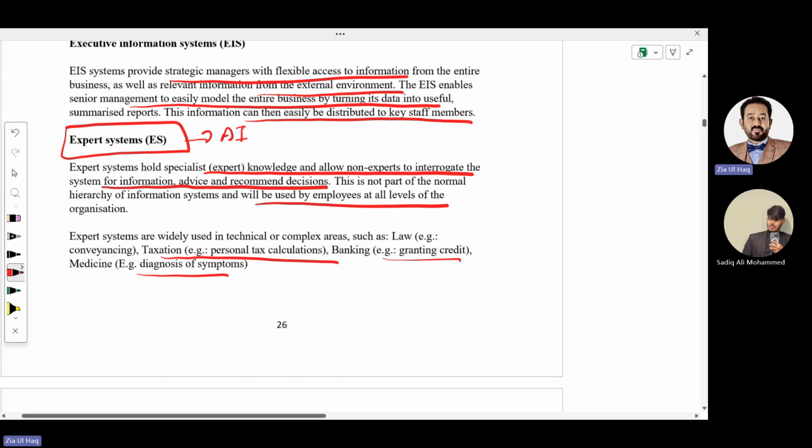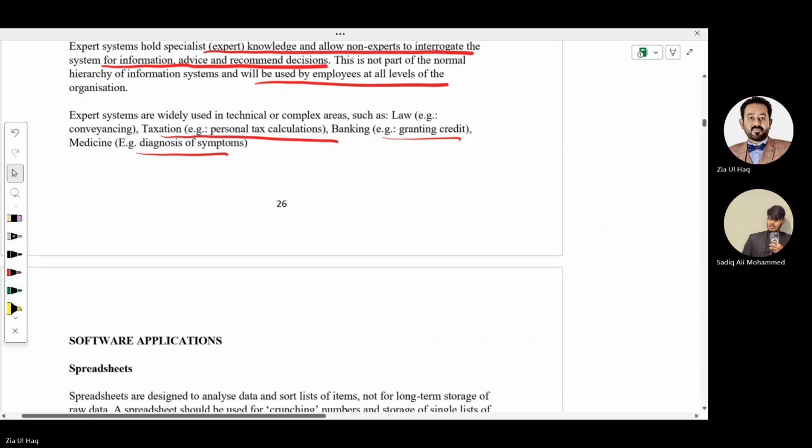They would see whether everything was fine or not. Now there is a machine attached to the patient, either on the finger or the arm, and the machine provides the information about your health. So those are called expert systems. So expert systems can be used in the legal field, in taxation, in banking, even in the medical field.